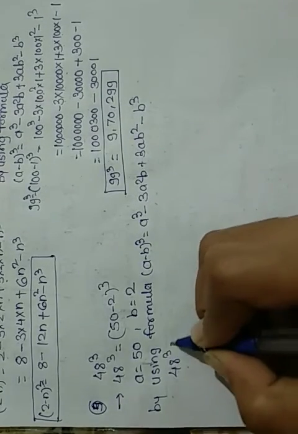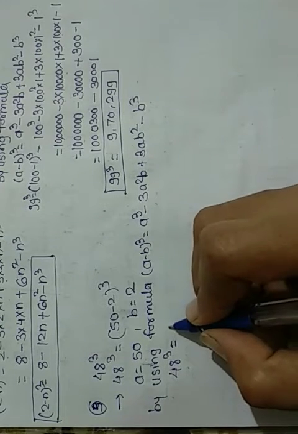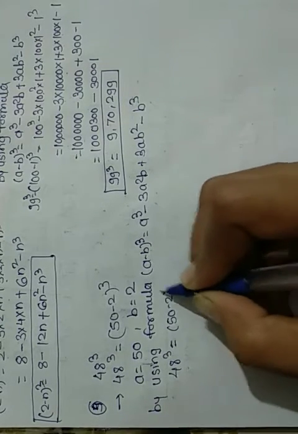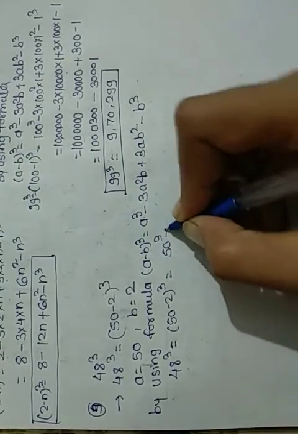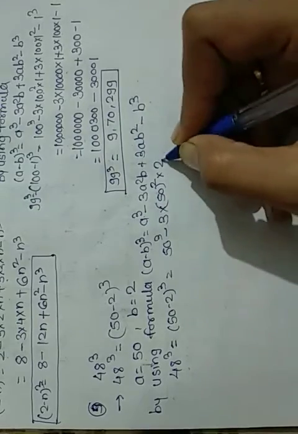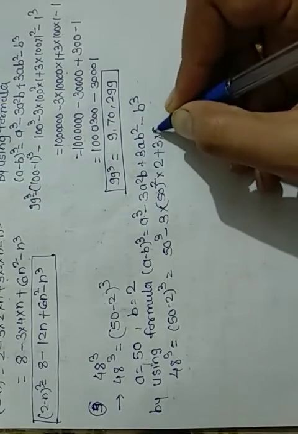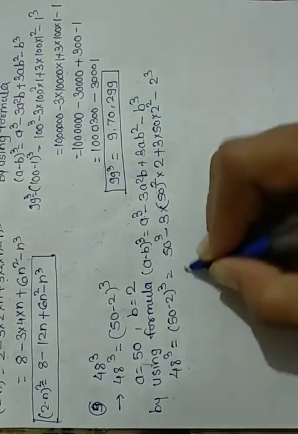So 48 bracket cube is equal to (50 minus 2) cube is equal to, put here values, A cube means 50 cube minus 3 into A square means 50 square into B means 2 plus 3 into 50 into 2 square minus 2 cube.